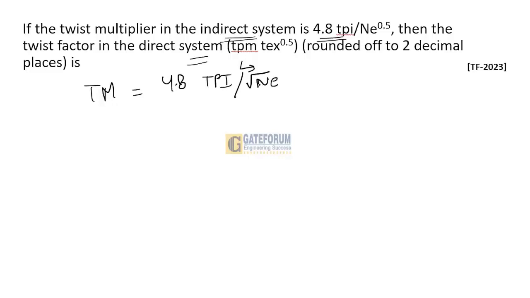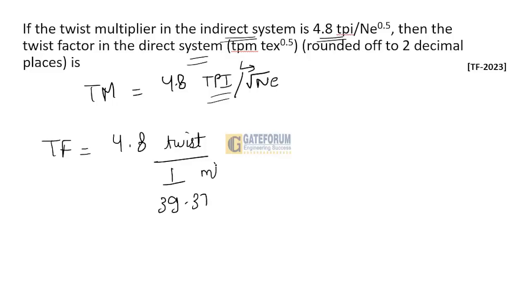If we have to convert this into the direct system, that is text, then how we will do this? Per inch, TPI is twist per inch. So if we have to convert this into direct factor, then this is 4.8 twist per inch. If we need to calculate into meters, then it is 1 upon 39.37 meter into this.